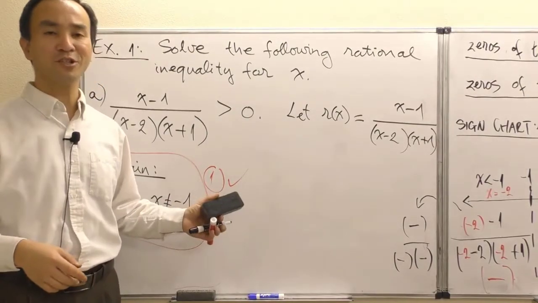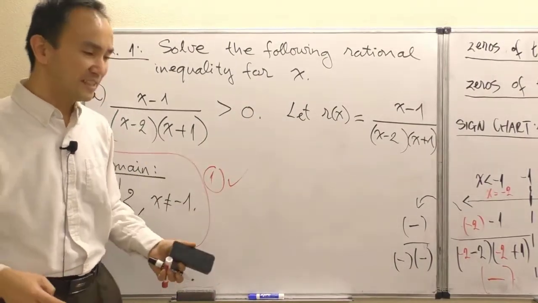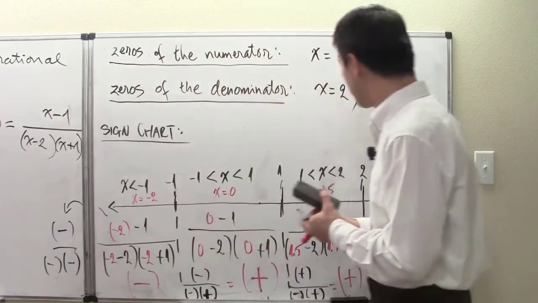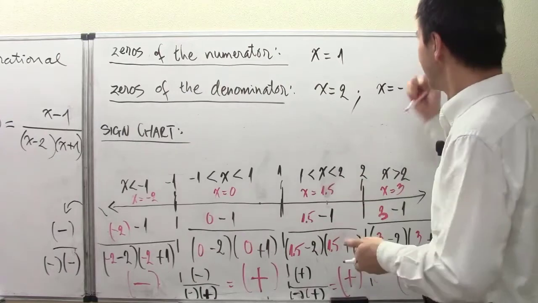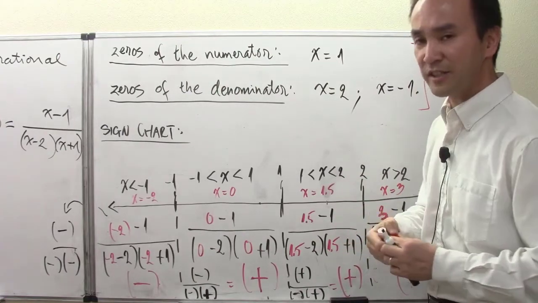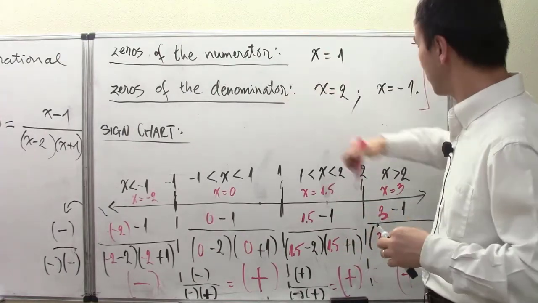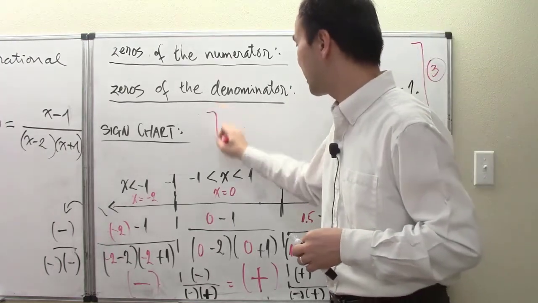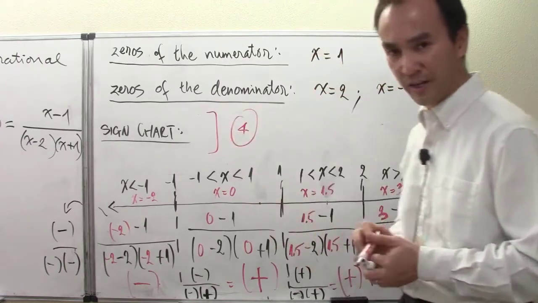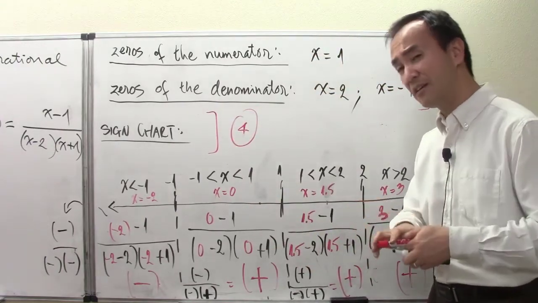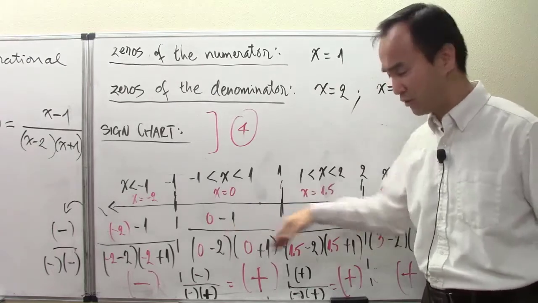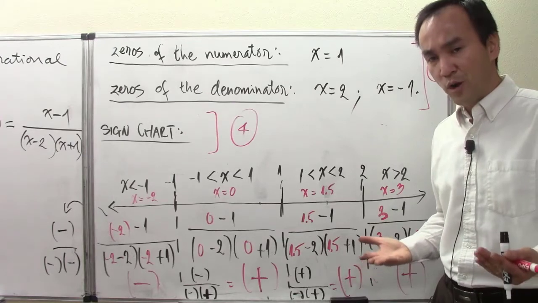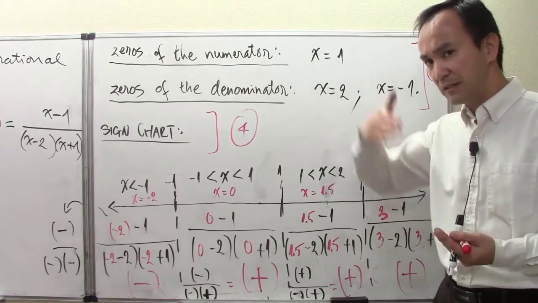So now all we have to do is look it up from our sign chart. I should have mentioned listing all zeros from the numerator and from the denominator. This was our step 3, and the sign chart work is step number 4. Once we have our sign check result, we want intervals where our rational function outputs are positive.